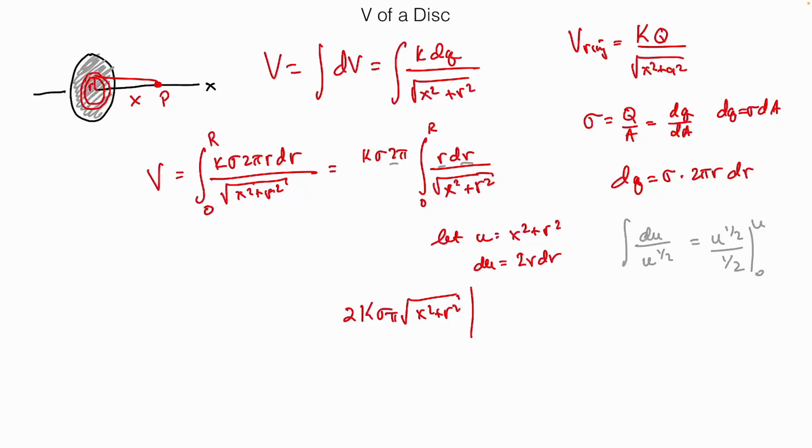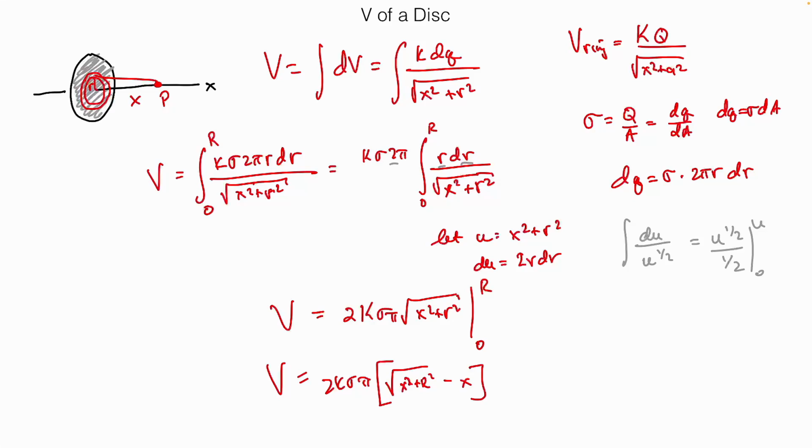But we still have to evaluate it from 0 to R. So that's 2k sigma pi, and then square root of x squared plus big R squared, minus, and then 0 goes in there, right? So it's just minus x, because the square root of x squared is x. Hey, there we go, yeah.